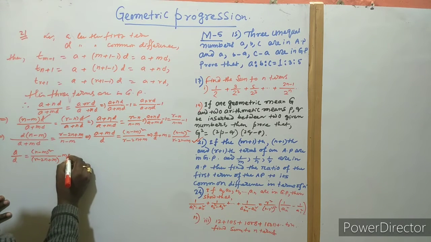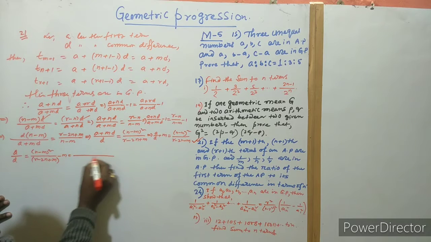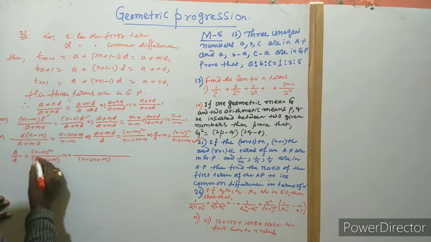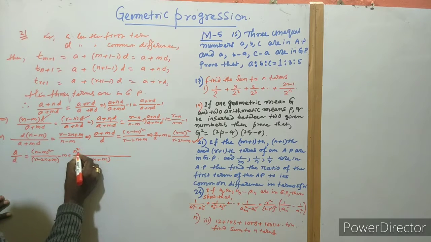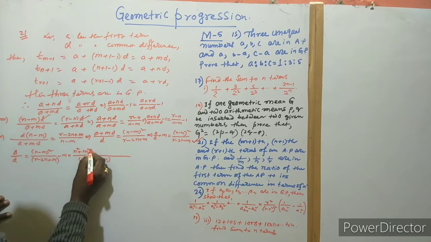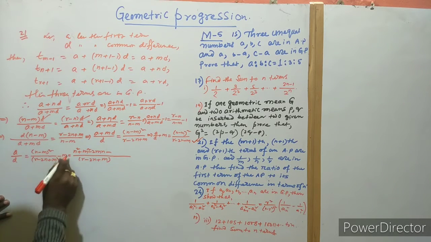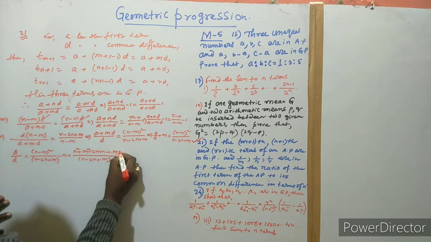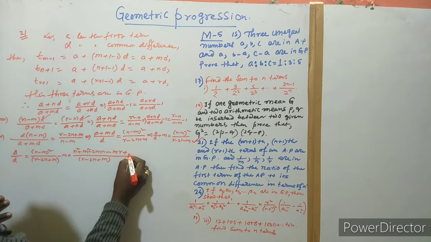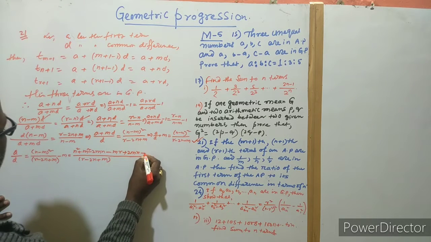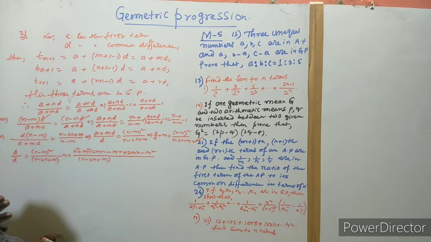Then take the LCM here and expand: n square plus m square minus 2mn, minus m times (r minus 2n plus m), that is mr minus 2mn... plus 2mn minus m square.